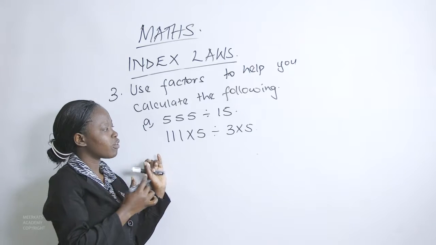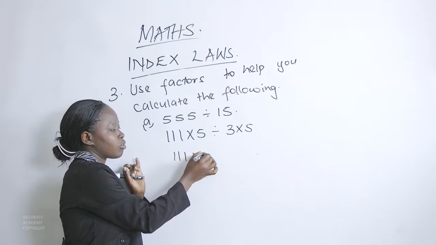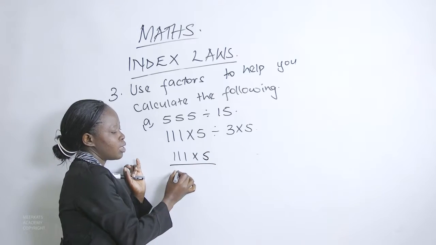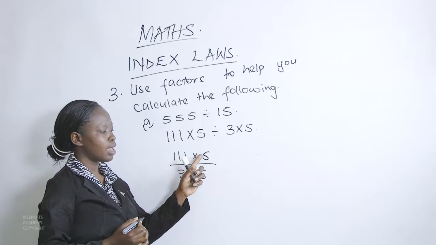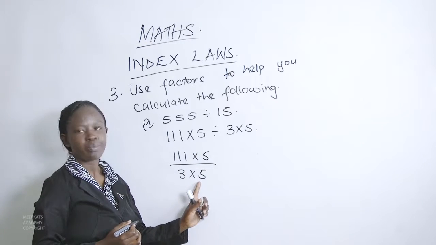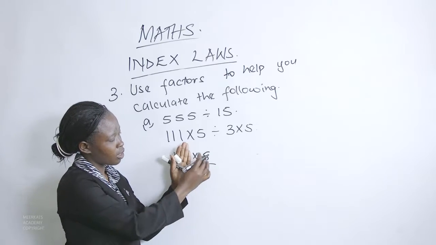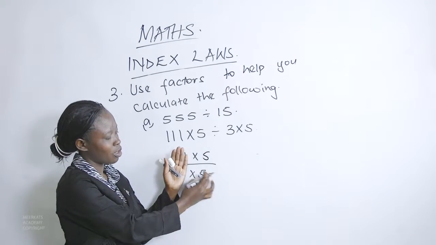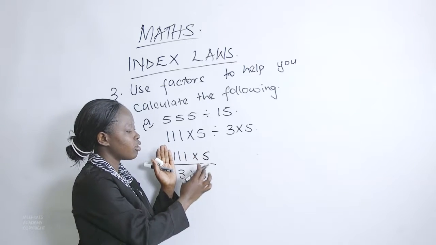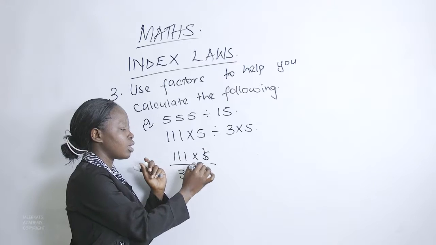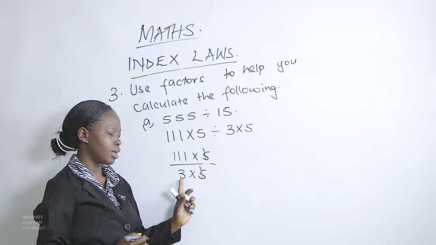So I have 111 times 5 divided by 3 times 5. We have 5 on the numerator and 5 on the denominator, so these 5s can cancel out. Then we have 111 and 3.